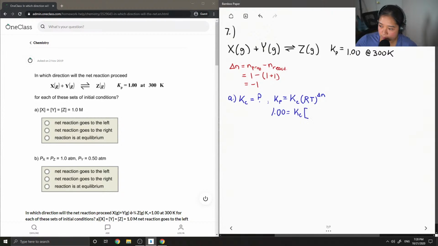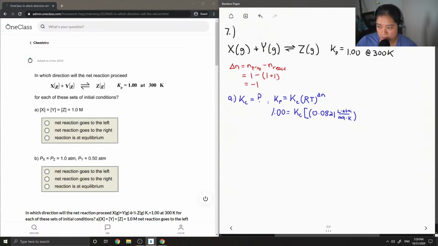And then in the brackets, I'm going to use the R constant, 0.0821 liters times atmosphere over mole times Kelvin. So there's a lot of different R constants out there, so make sure you use the right one.